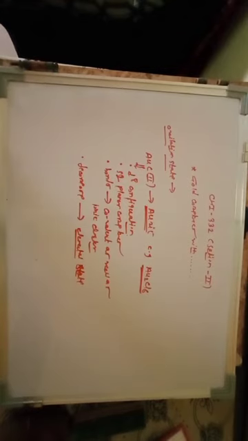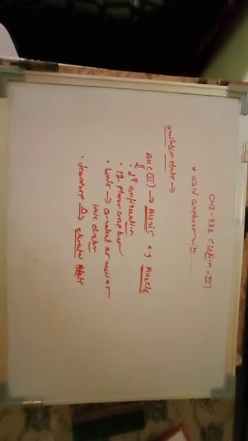So these are some important points. Au(III) has a d8 configuration. It will form square planar complexes. The bonds formed may be covalent as well as ionic in nature, and they will decompose to the elemental state on heating. So these are some important points regarding the oxidation states of gold.